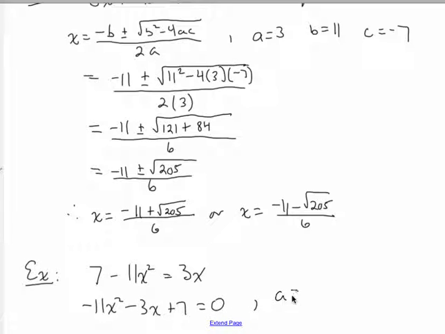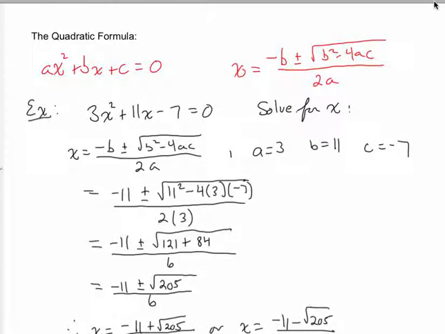And you have to identify your a, b's, and c's. Once you've identified your a, b's, and c's with the signs, then you can just go ahead and plug them right into the quadratic formula, and you're off and running.